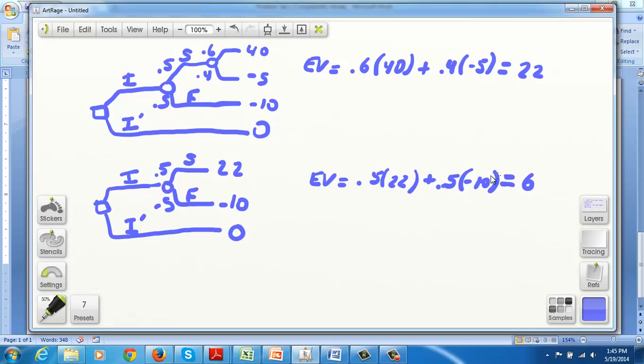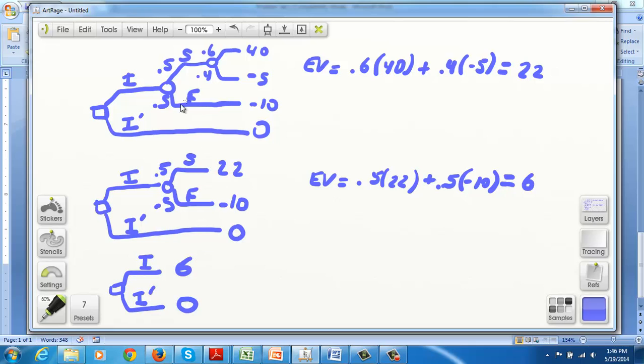So once again, as I show what's going on in my rollback method, my tree has been reduced quite a bit. So now I have an investment, and the expectation of this little subtree, which we just did over here, was a value of 6. And the corresponding do nothing or not invest is 0.